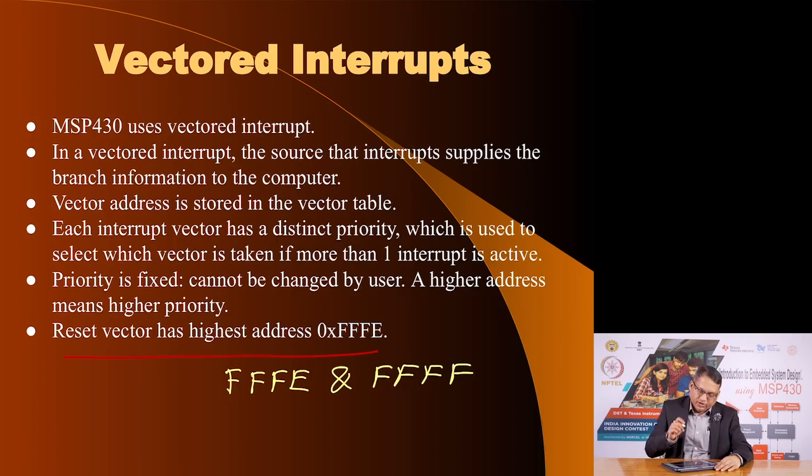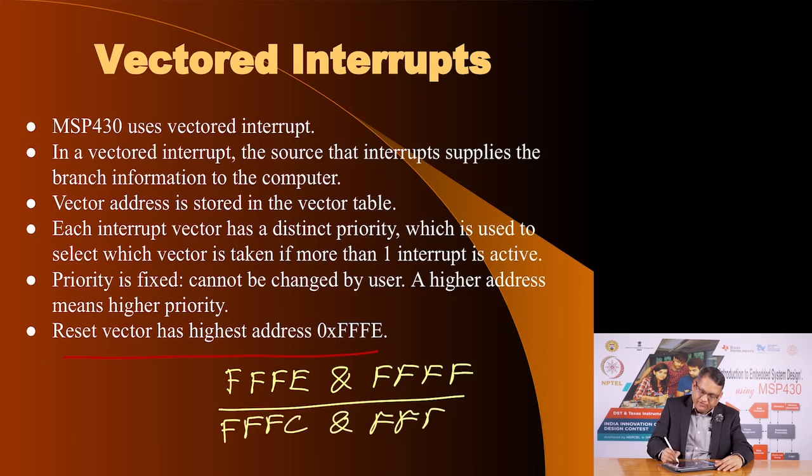So, the vector at this address will have the highest priority, the one after that will be FFFC and FFFD, which would be the lower priority interrupt compared to this, and so on.